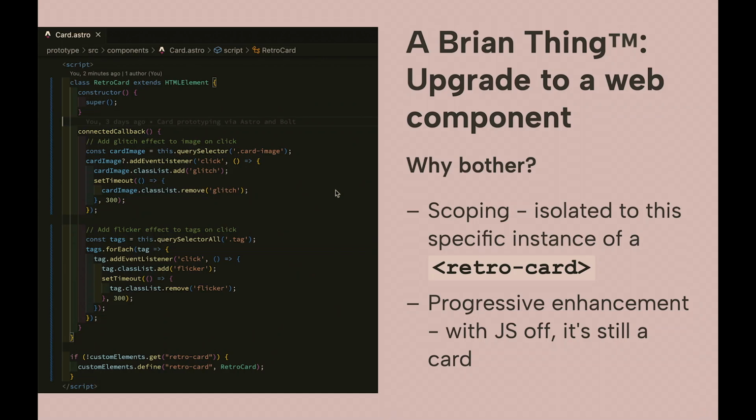If you wanted to add this sort of interactivity to a card, you'd basically have to query the DOM and find all of the instances of the card to add the on-click handlers for these things. Instead, if you make this a web component by extending the HTML element class, it's just going to act on this one instance of the web component. So you don't have to look at the entire DOM. You don't have to worry about accidentally doing weird stuff to other things on the screen. It's just going to apply to this element.